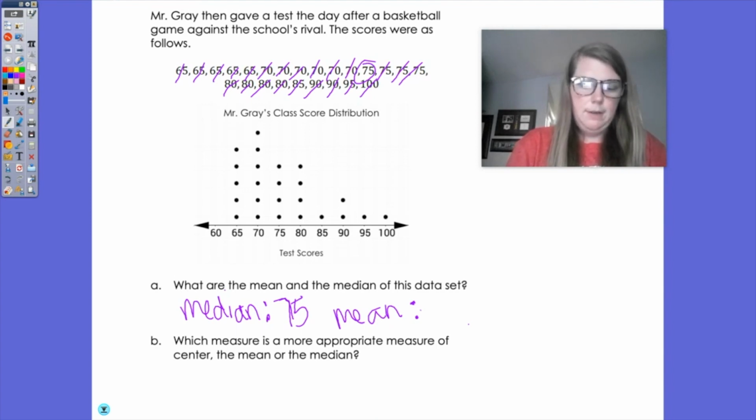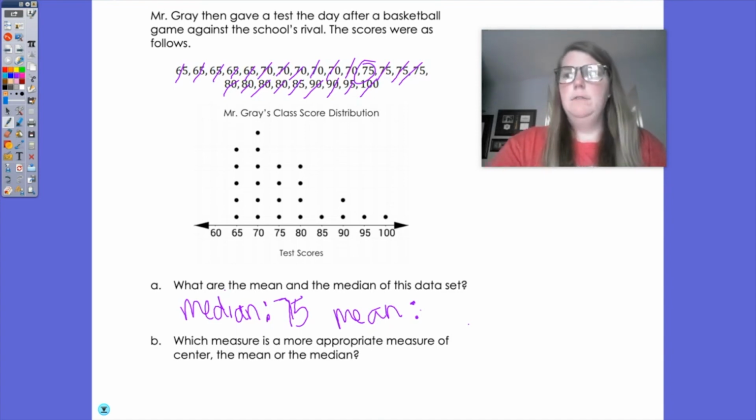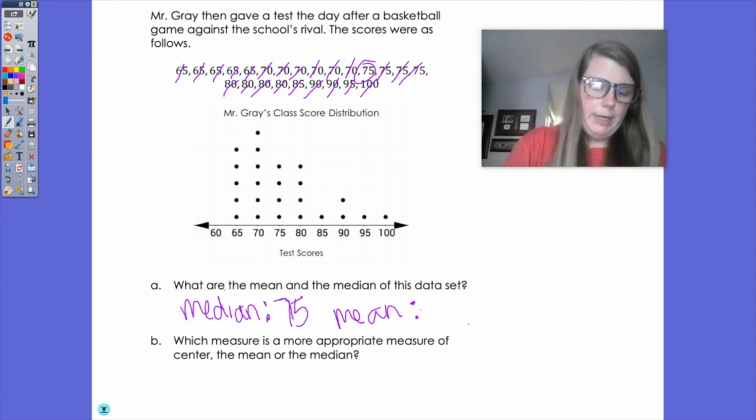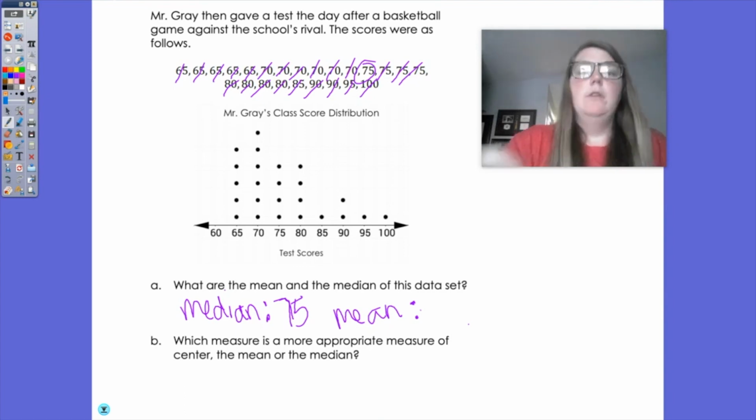So 65, there's 5 65s, plus 6 70s, plus 4 75s, plus 4 80s would be 320, plus 85, plus 2 90s is 180, plus 95, plus 100. And I don't know how many data points there are.